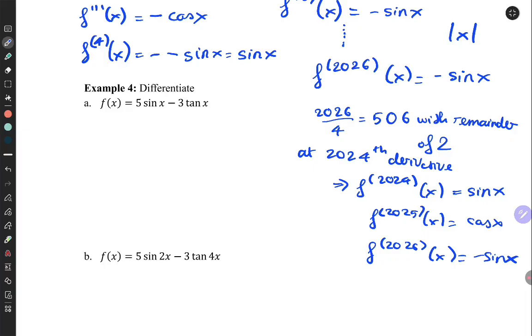Here, the 4th derivative is the maximum you can go. And now you have unlimited differentiability in a trig function. You can take derivatives forever. 2026, you can take 2 million or 100 million, it doesn't matter. So unlimited differentiability, limited, undifferentiable, differentiable. See the connection? See those examples?